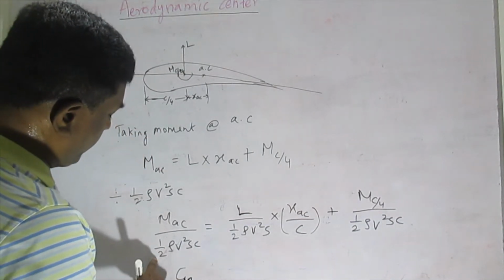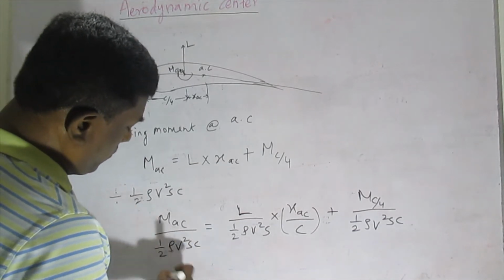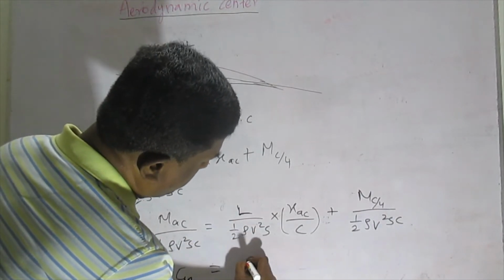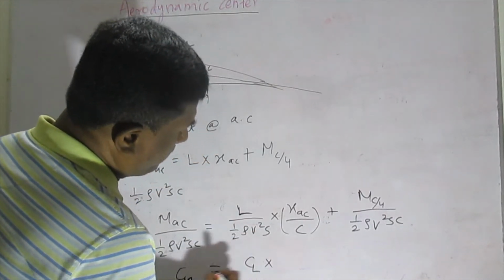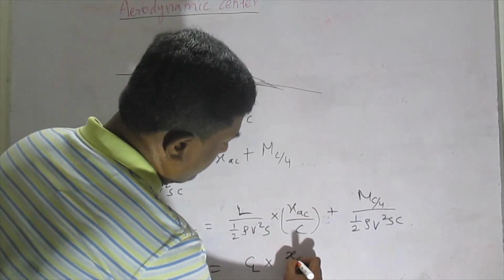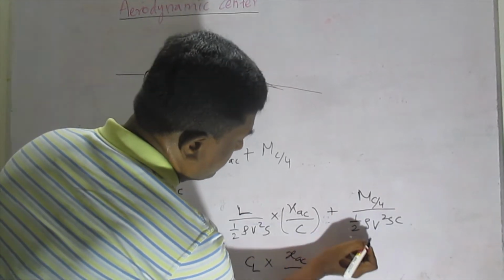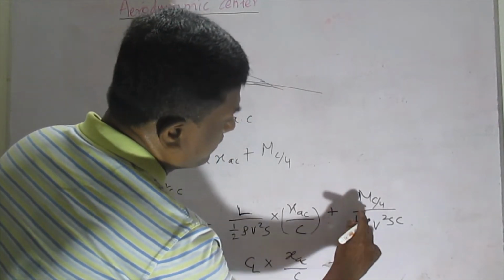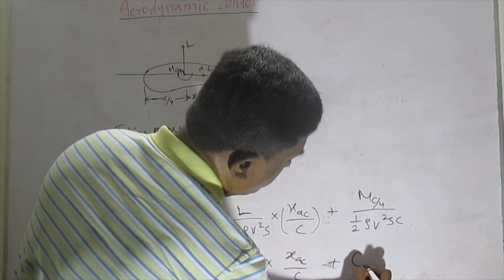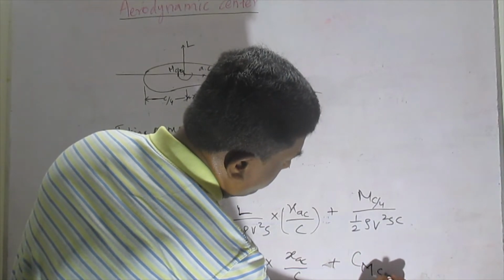After you simplify, because this is the moment coefficient about the aerodynamic center, it is nothing but CL into XAC by C, plus the pitching moment, that means the coefficient of moment about the quarter chord point.